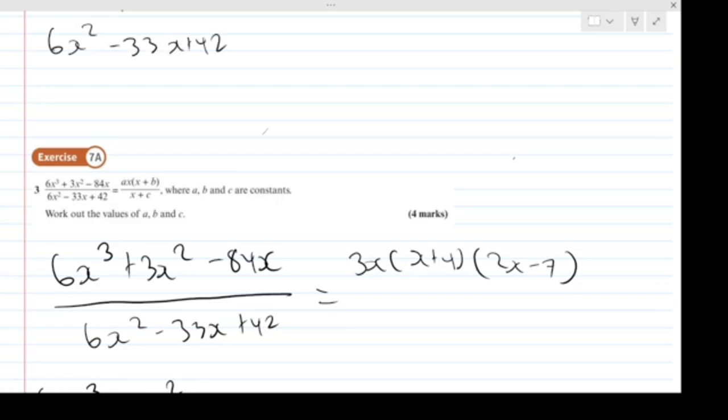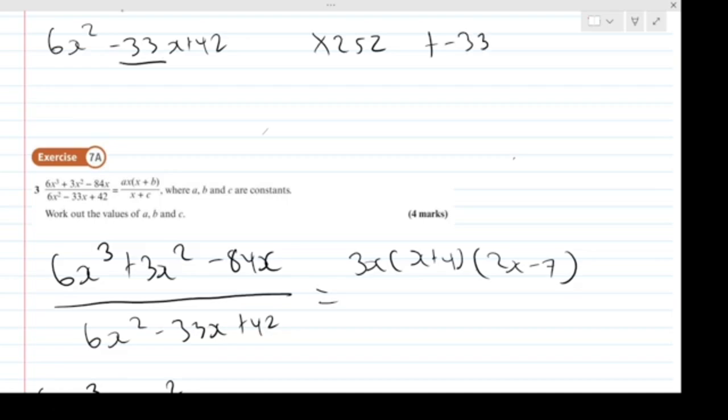So again, I need to find two numbers that multiply to get not 42, but 6 times 42, which is 252. And obviously that's because we have 6 on the front of x squared, not 1, so we need to adjust for that. Then we need them to add to get minus 33.